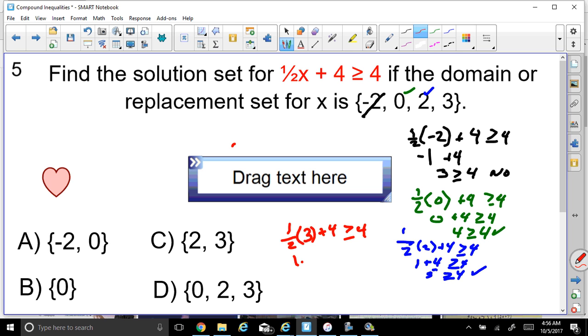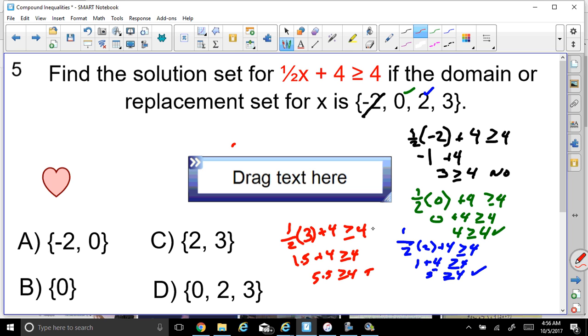Half of 3 is 1.5. Half of 3 is 1.5 plus 4. And I'm looking, yes, that definitely looks like it's greater than 4. 1.5 plus 4 is 5.5, and that is definitely greater than 4. So I would say definitely true.